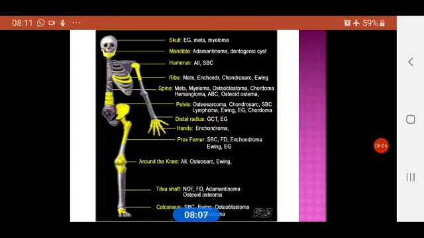If I get a lesion in the humerus, I am thinking of either a metastasis or enchondroma. If I get a lesion in the pelvis, the first thing that comes to my mind would be a chondrosarcoma. If I get a lesion around the knee, I think it might be an osteosarcoma.